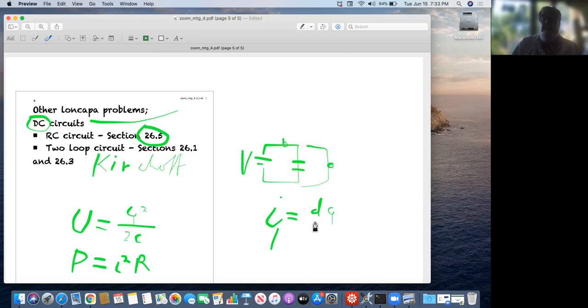So you're going to have several equations, and you'll have to solve a differential equation. It's a lot like the one loop problem. It'll have an exponential solution, but this will be a little more challenging than the other problems, I think.